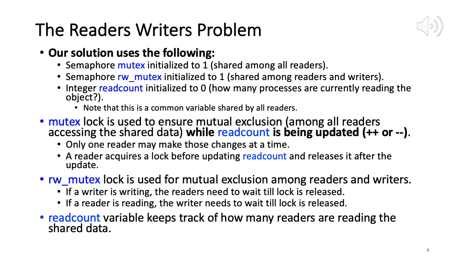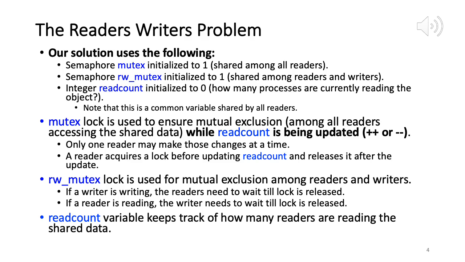Now if a writer is writing, you may have many readers in the queue and many writers in the queue also. The way this algorithm works is, once the writer is done, priority is given to the readers, not to the writers. And if a reader is reading, a writer of course needs to wait till the lock is released.